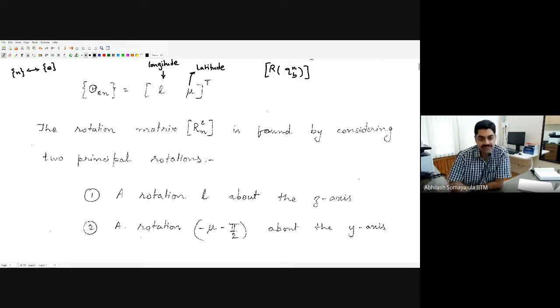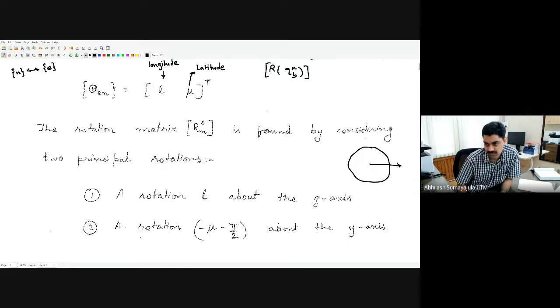Notice that this rotation matrix RNE is formed by considering two principal rotations. So we are taking a rotation about the z-axis. So if I have the Earth, and let's say this is the polar axis, and I call that ZE.